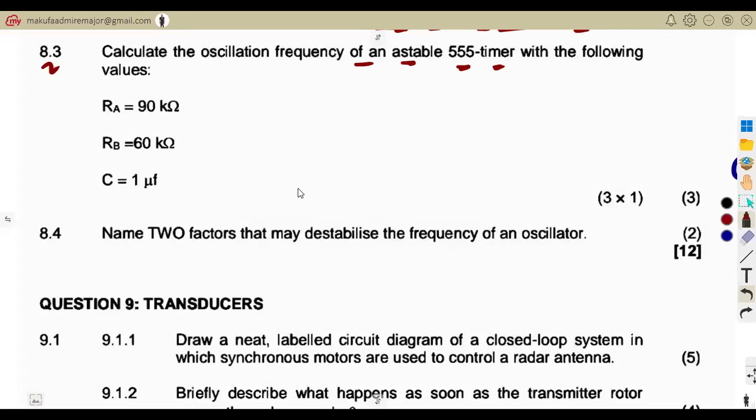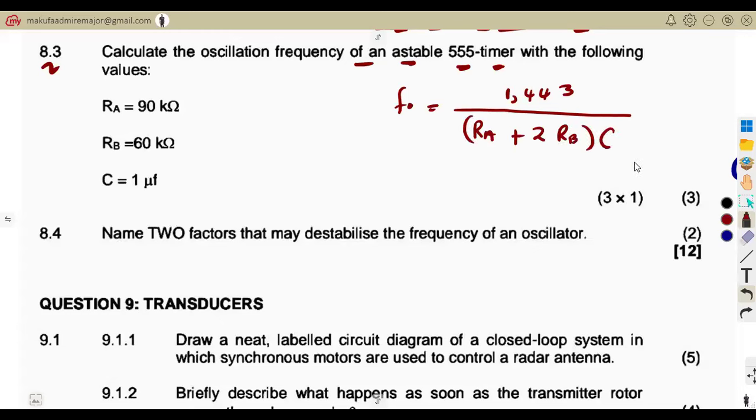So we saw that our oscillating frequency, if this is an astable 555 timer, is going to be given from the formula 1.443 everything over what? So this is going to be Ra plus 2 Rb, times the capacitance value, which you can write as C1.